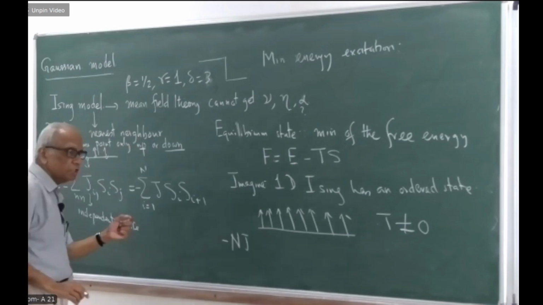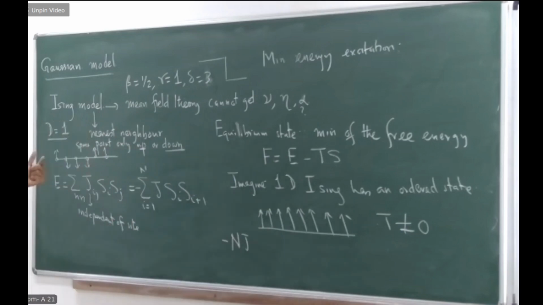What is the next higher energy? What is the configuration which will give me the next higher energy? That is minus nJ plus 2J. What is the configuration?